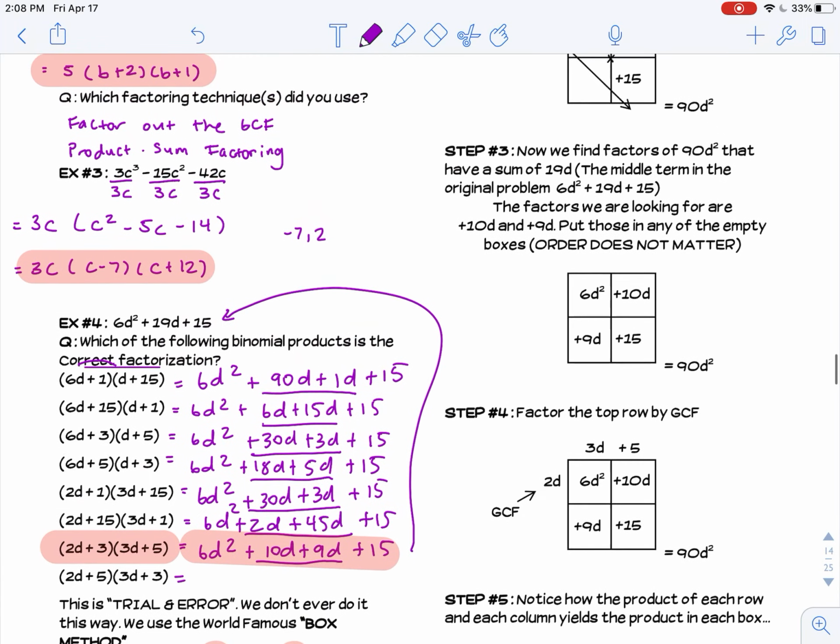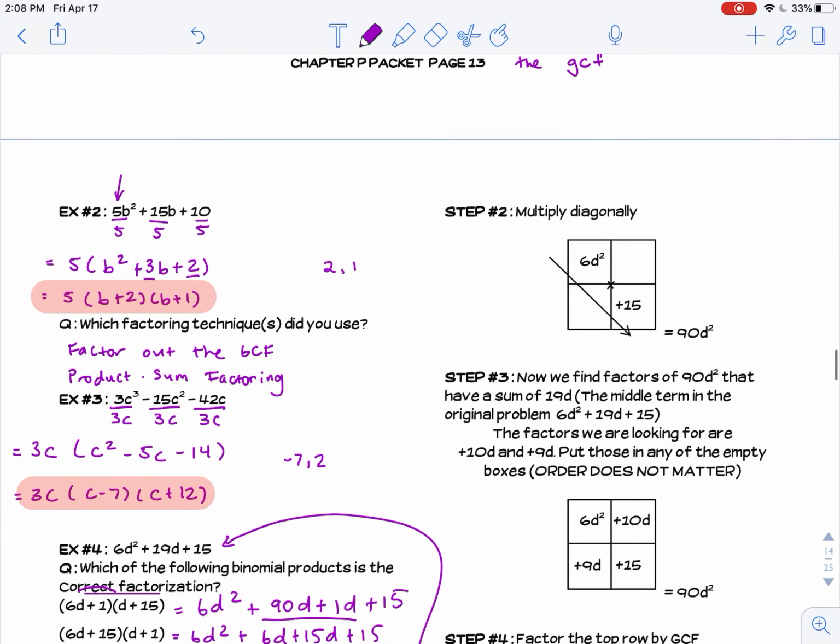Now, what you do next is multiply these two numbers together. You multiply diagonally. 6d squared times 15 gives you 90d squared. That number is important.